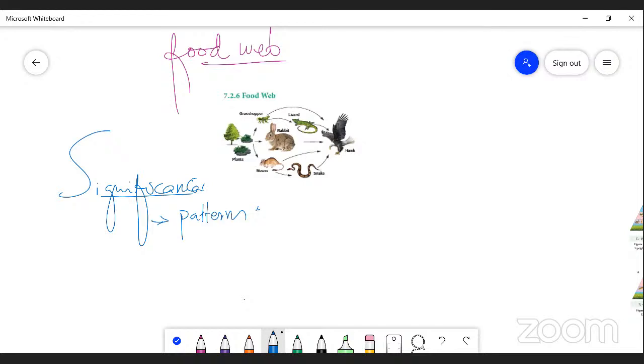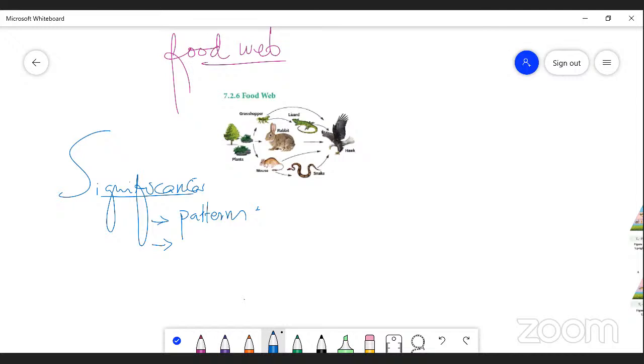So the food web constructs very clearly the patterns of various food chains. Second point. It is also used to illustrate the direct and indirect relationships of different organisms.